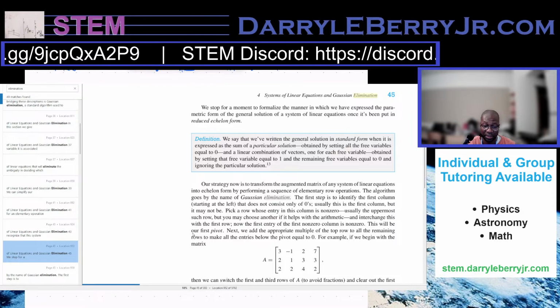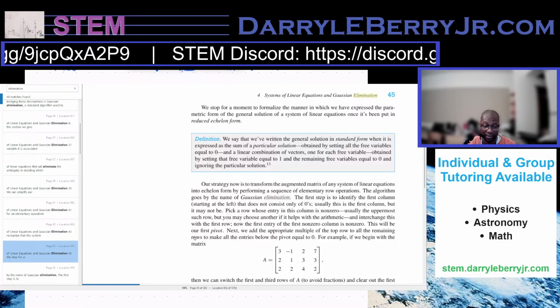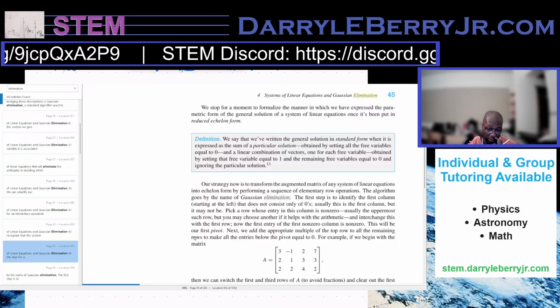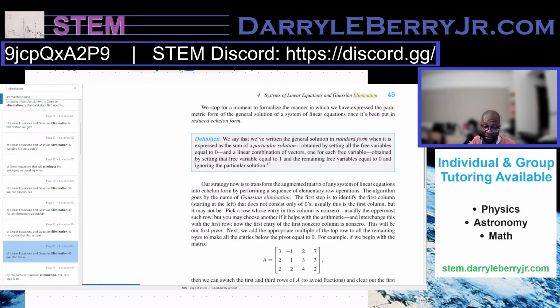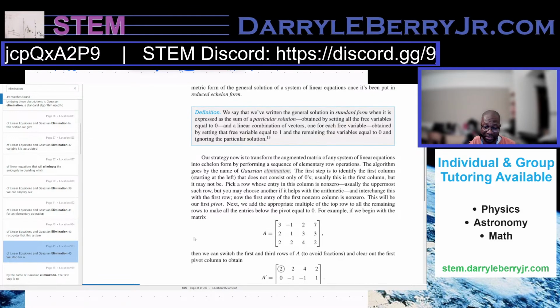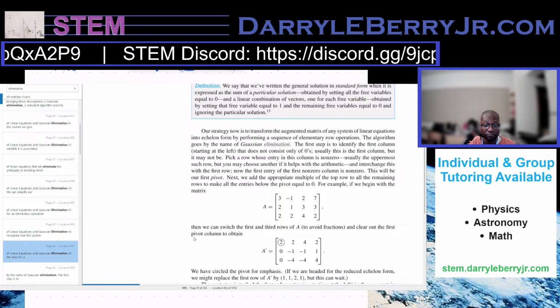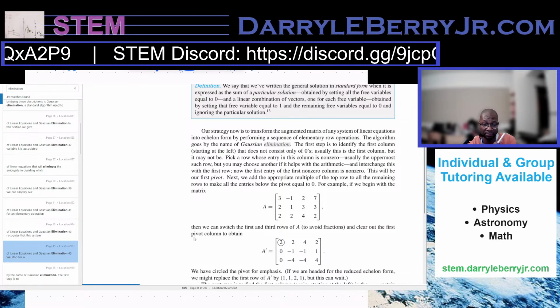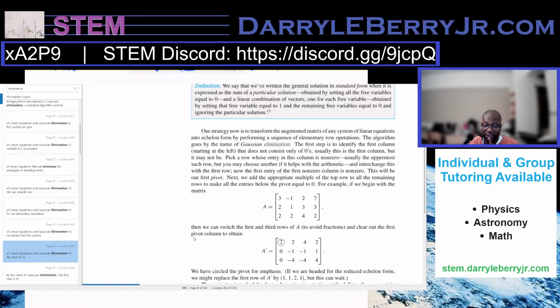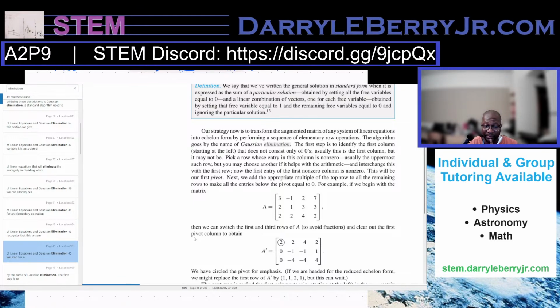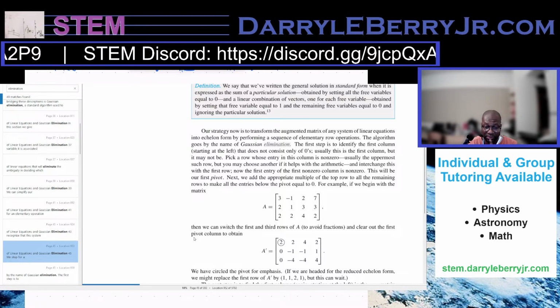Use the uppermost row, and interchange this row with the first row, so the first entry of the first non-zero column is non-zero. This will be our first pivot. Next, we add the appropriate multiple of the top row to all the remaining rows to make all the entries below equal to 0.